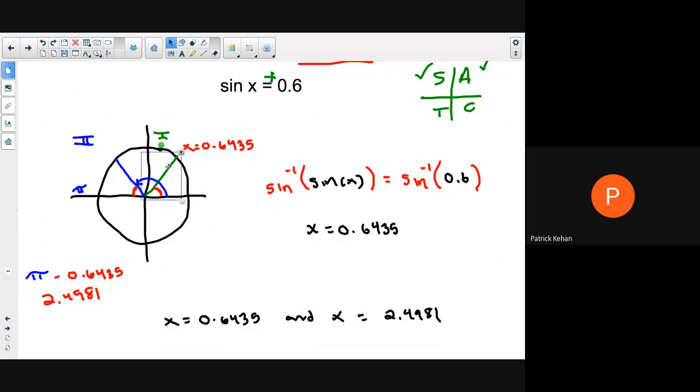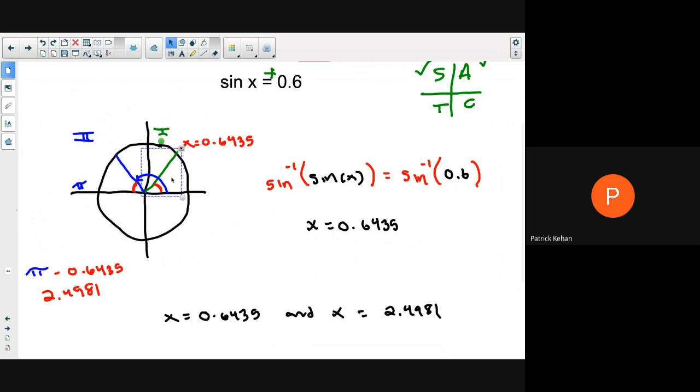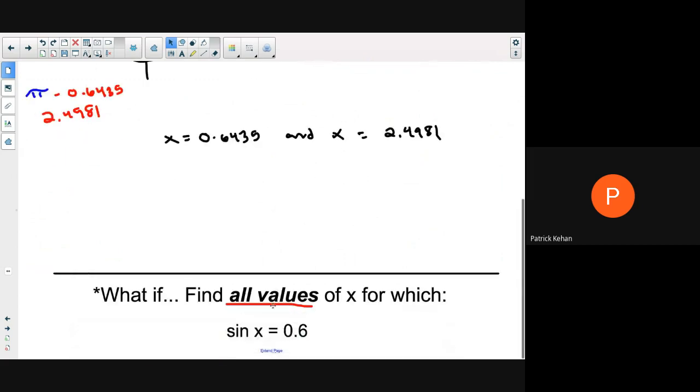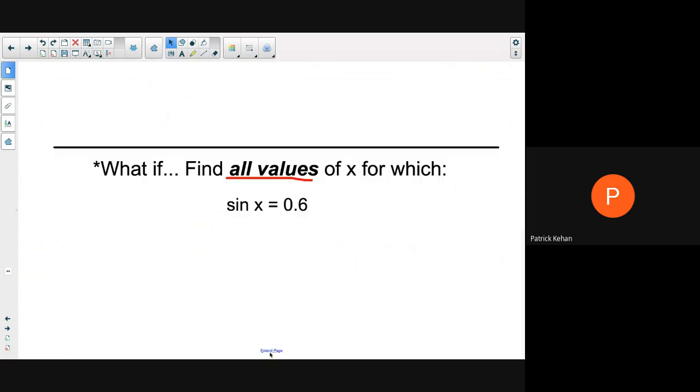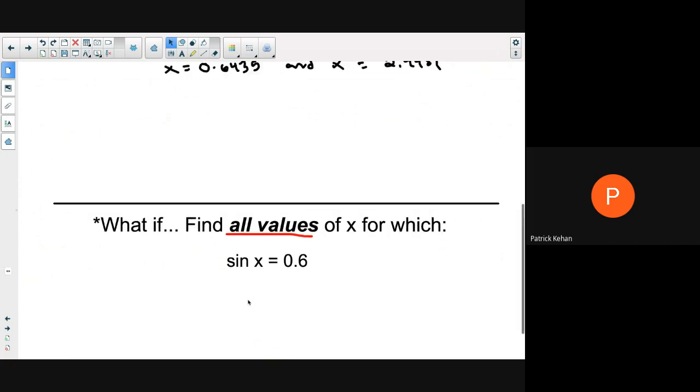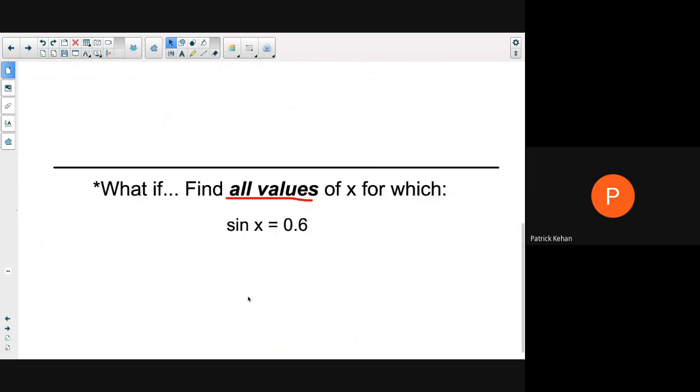So what I want to do now is just add a full rotation in radians to this terminal angle, 0.6435. I can easily do that by taking that first angle.